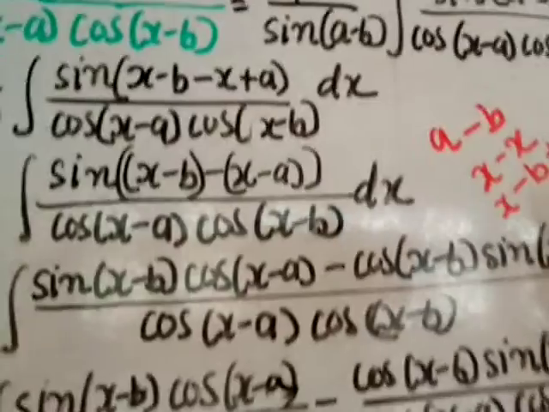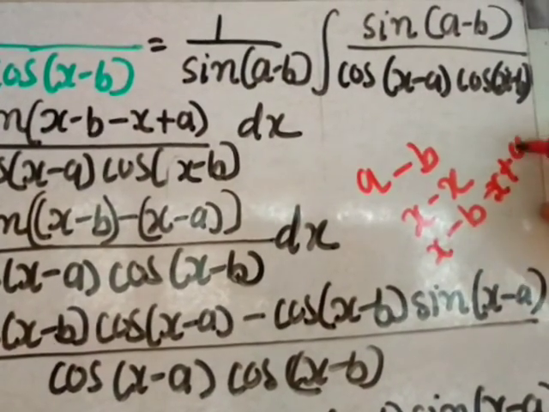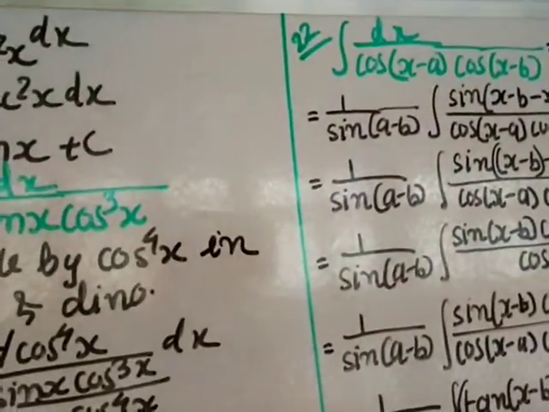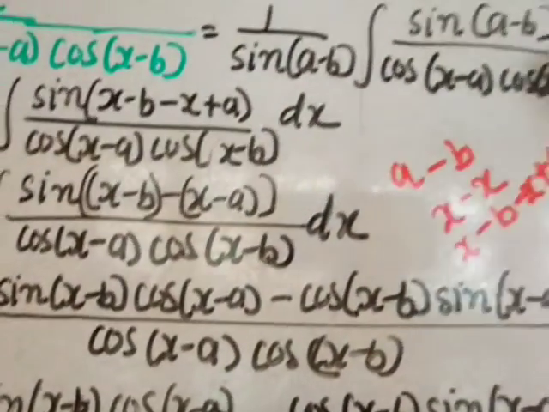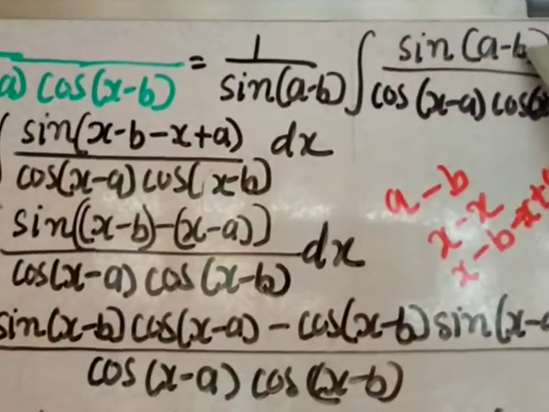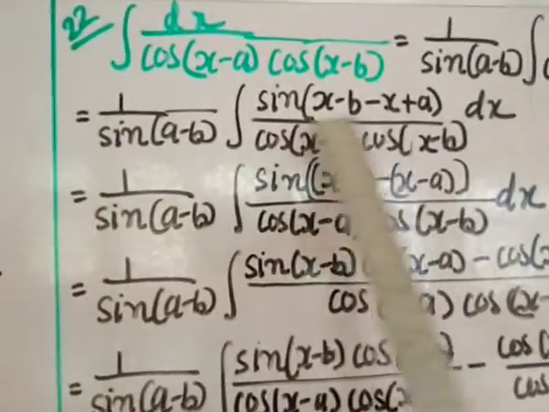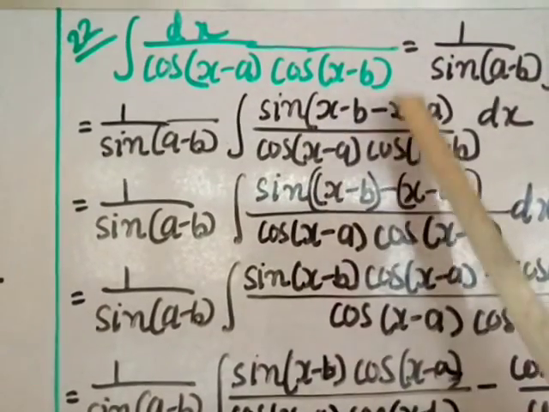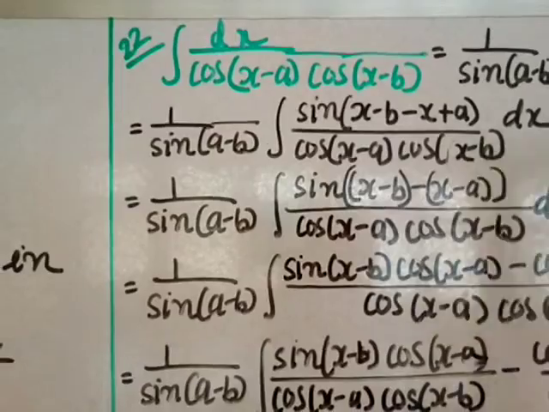Just rearranging, you can maybe do like this: minus x plus a, and then take minus common. Why we have to do this? Because the denominator is in such a way, we have to make that arrangement. So I have first divided and multiplied by sin(a minus b), then added x and subtracted x, and then rearranged sin of (x minus b minus x plus a). So x and x cancel, so here remains a minus b, which will cancel here. And the denominator as it is.